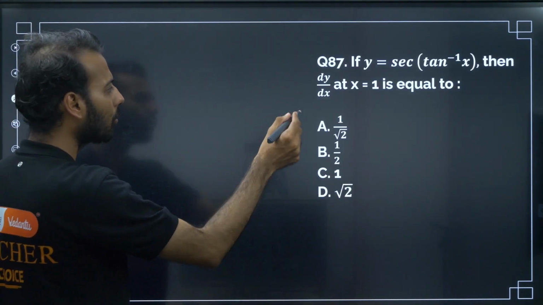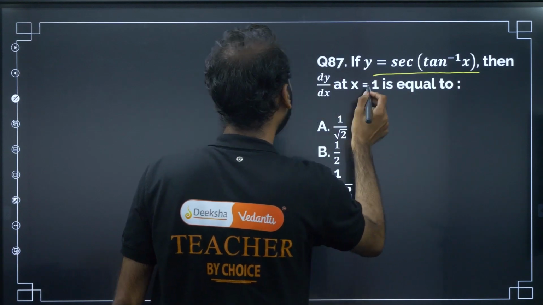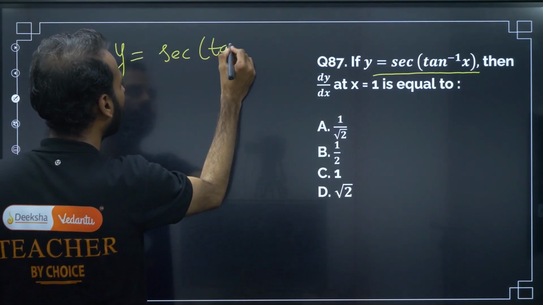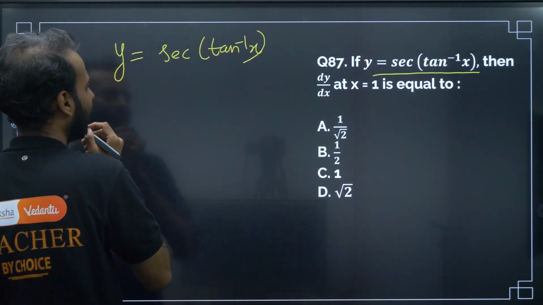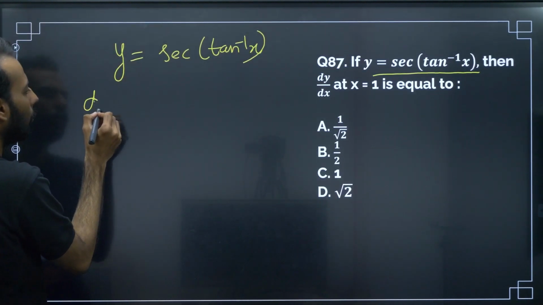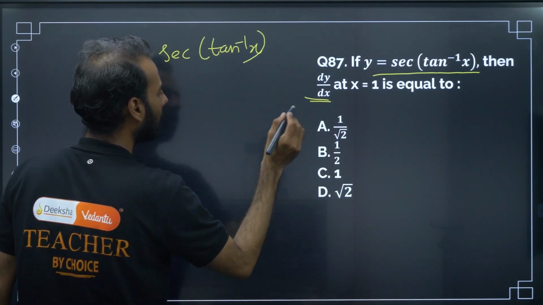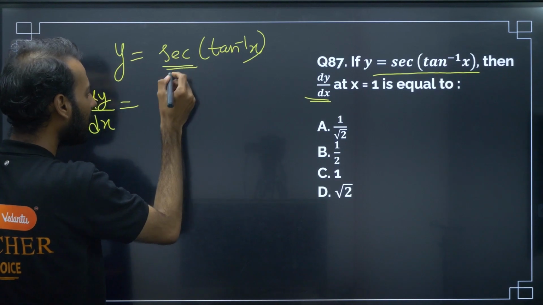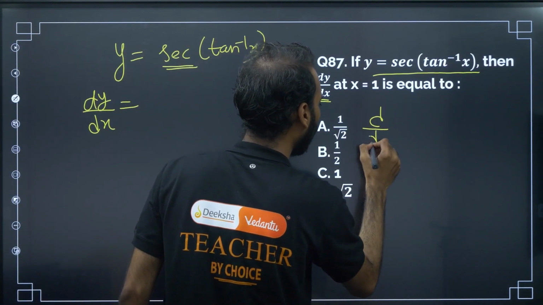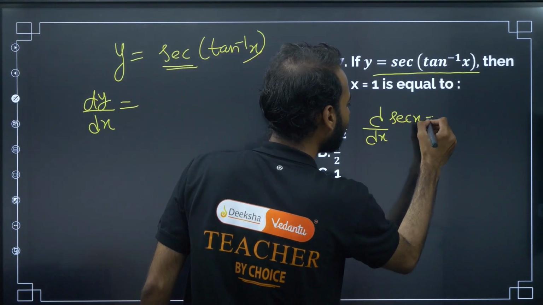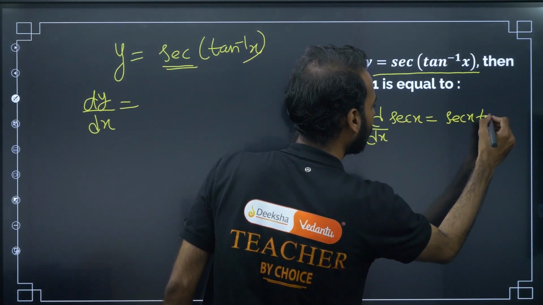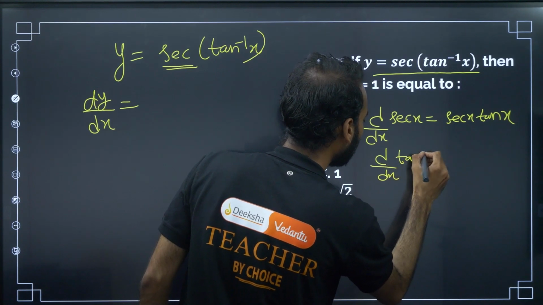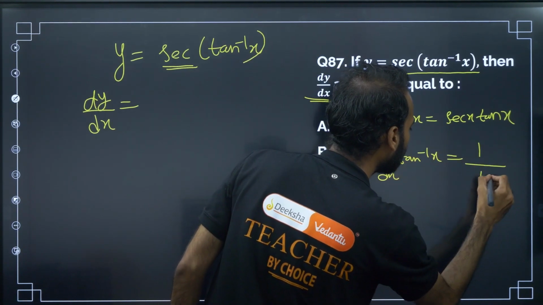Next, y is equal to secant of tan inverse x. One function they have given, then they are asking to find dy by dx at x equal to 1. Very easy question, nobody should leave this question. Direct questions, very less time consuming. So dy by dx is equal to, differentiate this secant. d by dx of secant x is secant x tan x. Formula, d by dx of tan inverse x is 1 by 1 plus x square.